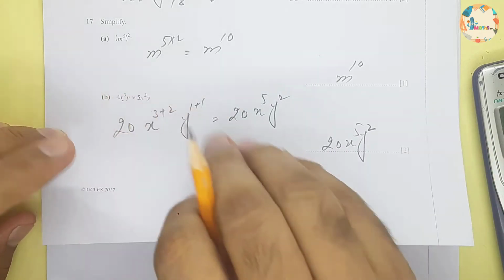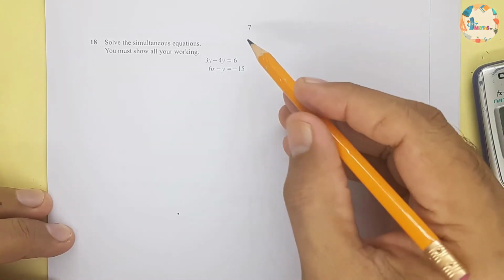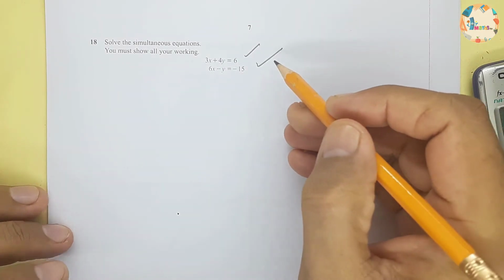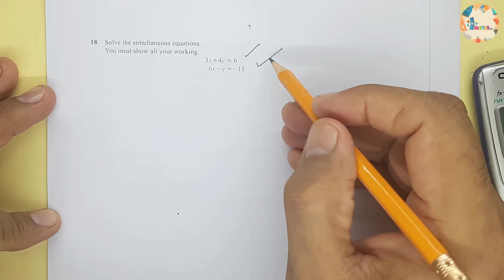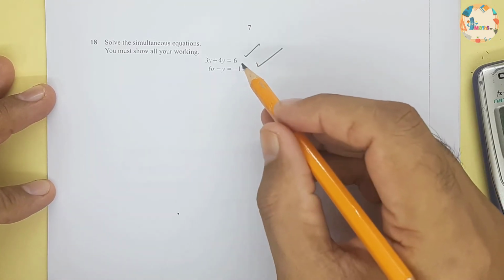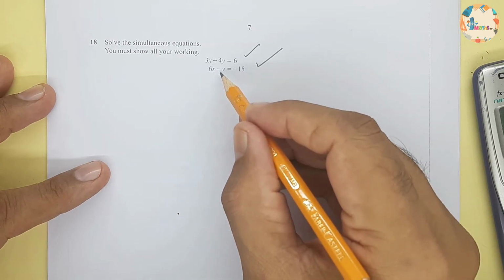Hopefully you understood this. Now question number 18 is a simultaneous equation, and we have to solve it and find the values of x and y. Equations 1 and 2 are given. We can use the substitution or elimination method, whatever you like. I will use the substitution method.